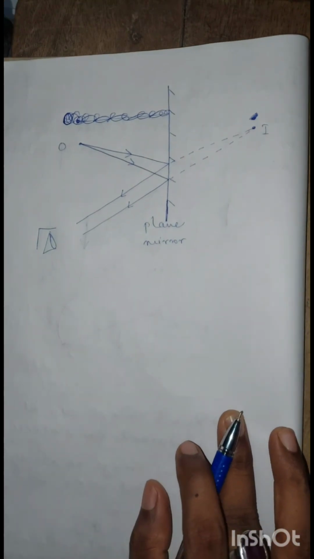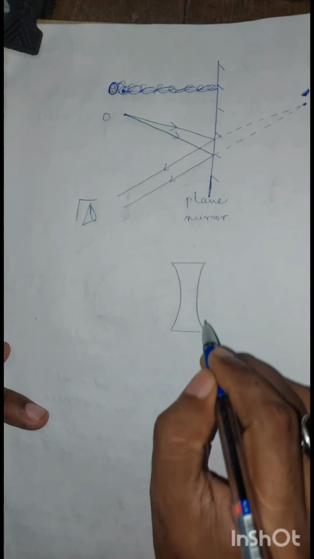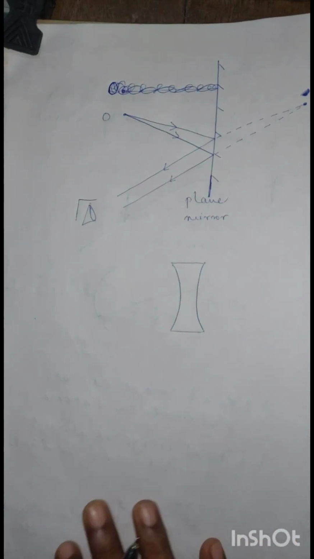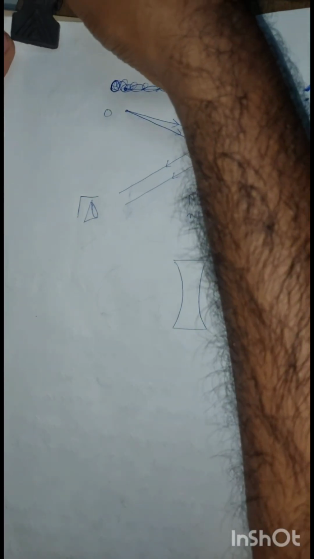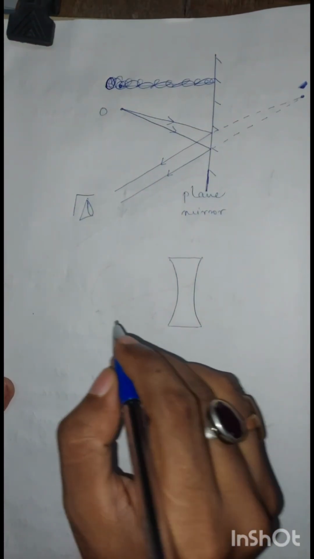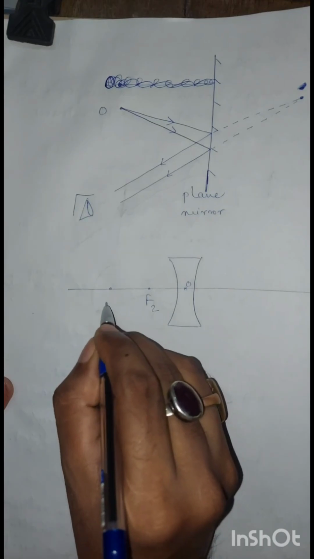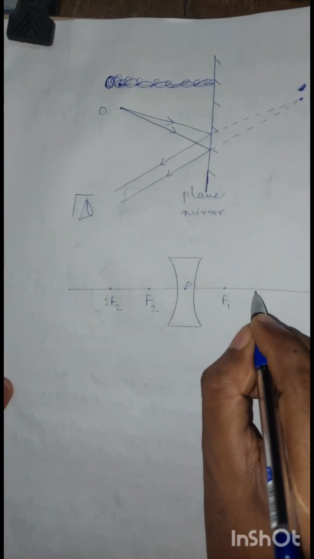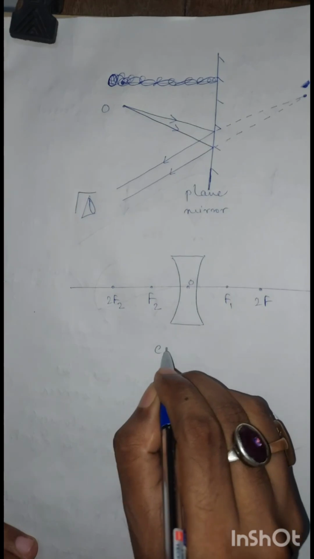Now again, if we draw a lens, let us assume this is a lens which is called a concave lens.